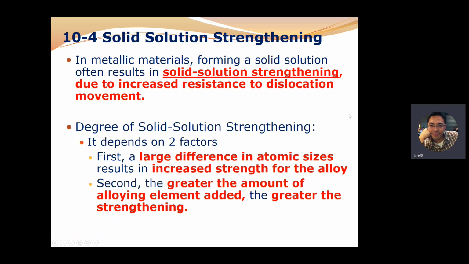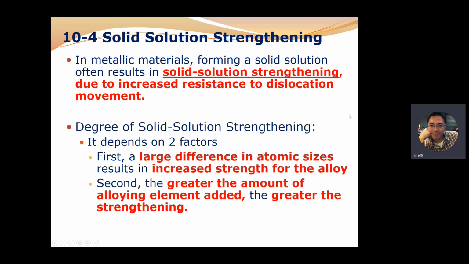Well, basically you can consider two factors. One is the size difference, the difference in atomic radius. And the second is the amount of alloy element added.